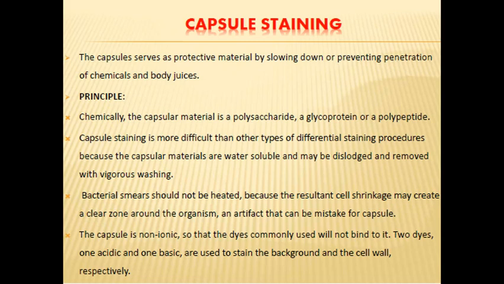The bacterial smear should not be heated because the cells may shrink and create a clear zone around the organism, an artifact that can be mistaken for a capsule. The capsule is non-ionic so the dyes commonly used will not bind to it, and two dyes, one acidic and one basic, are used to stain the background and the cell wall respectively.